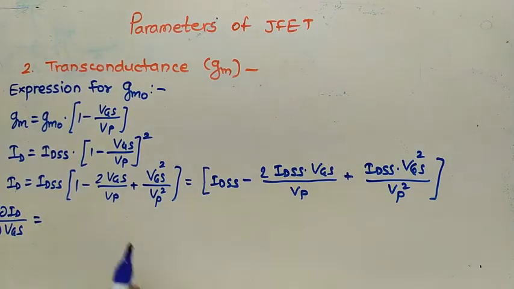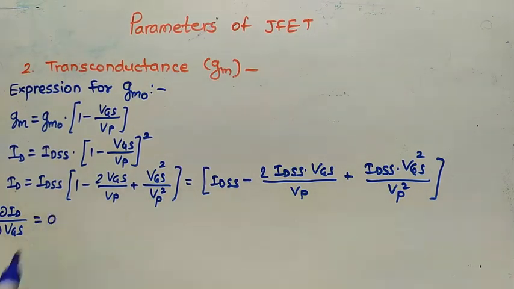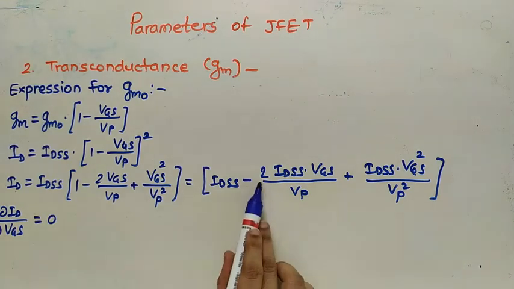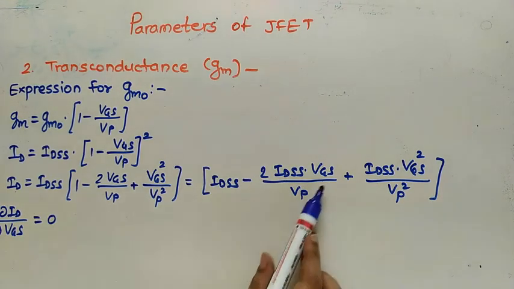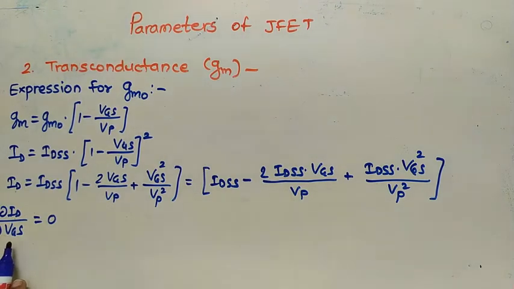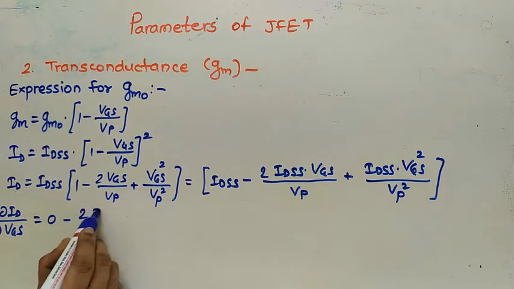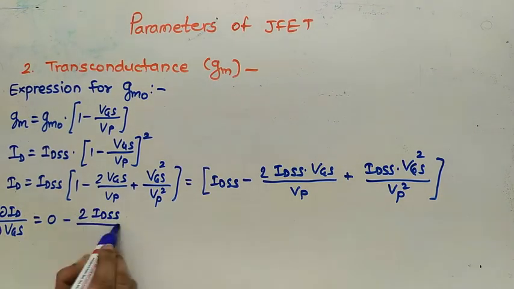When we take the differentiation, I_DSS is constant, so this becomes 0. Then minus 2 I_DSS into V_GS upon V_P, when differentiated with respect to V_GS, becomes minus 2 I_DSS upon V_P.